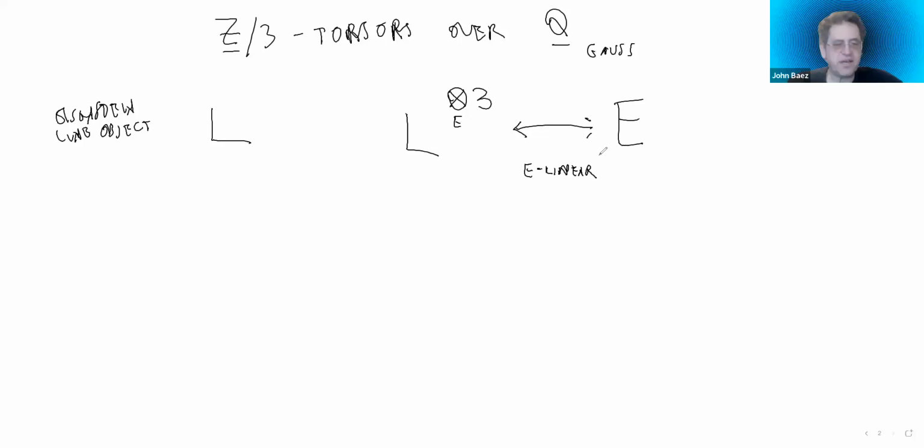I think you said something like the category of representations of Z mod 3 over K is generated by the representation. And I thought you meant L, but now I'm thinking you mean E. No, I mean L. So this fixed representation category is generated by a variable Eisenstein line object, meaning any one of those is going to generate it.